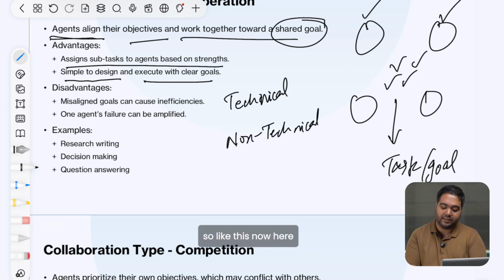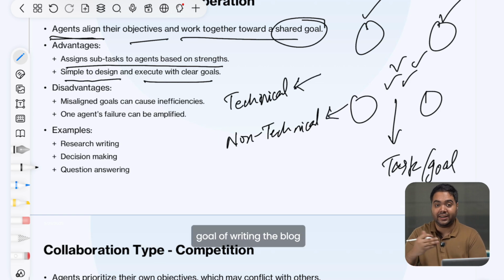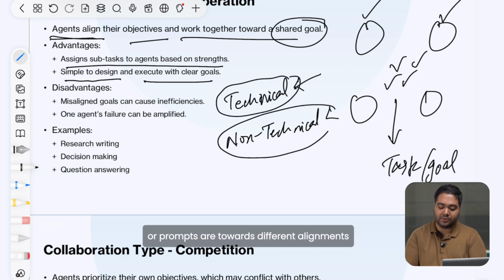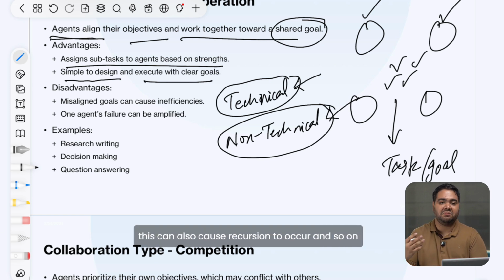Even though they're working towards the same shared goal of writing the blog, because their individual goals or prompts are aligned differently, they can clash with each other, and this can cause inefficiencies. This can also cause recursion to occur, and so on.